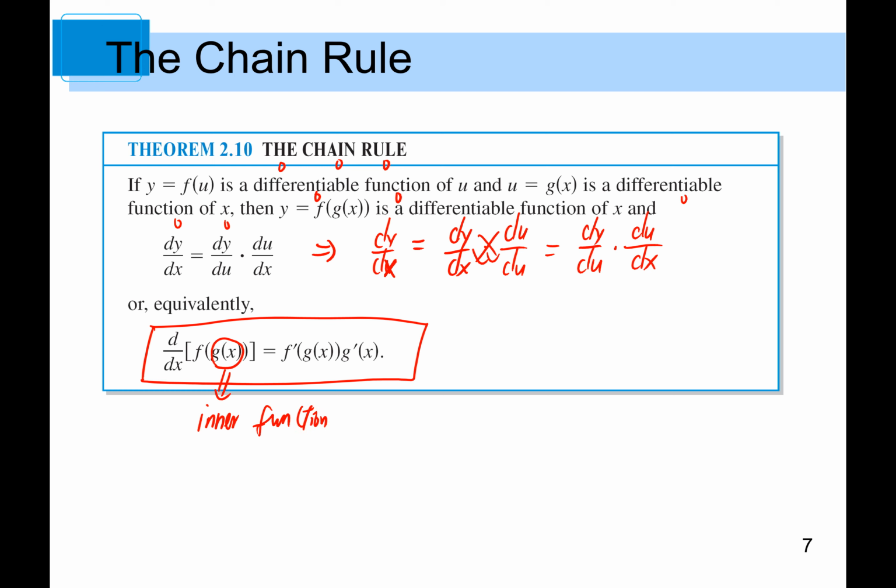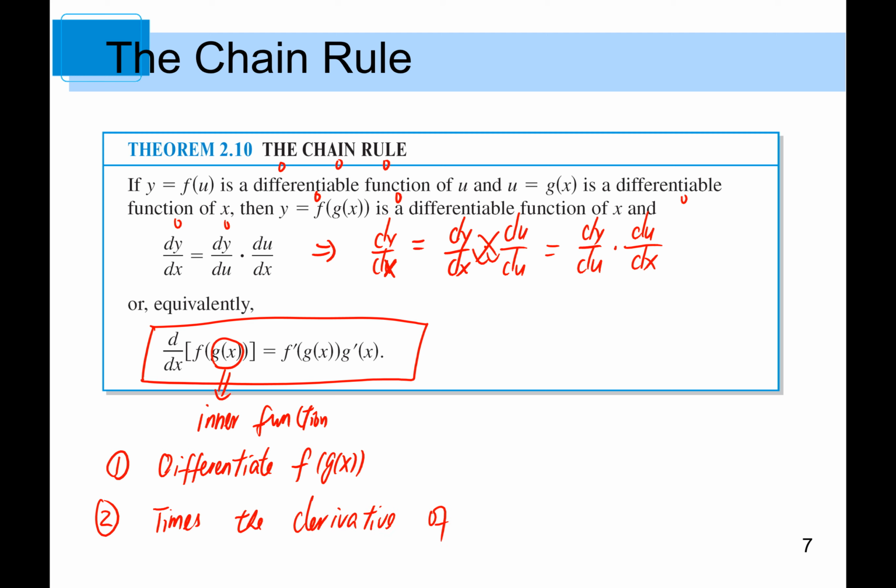Two steps: first, differentiate f of g of x, and second, multiply by the derivative of the inner function, which is g prime of x.